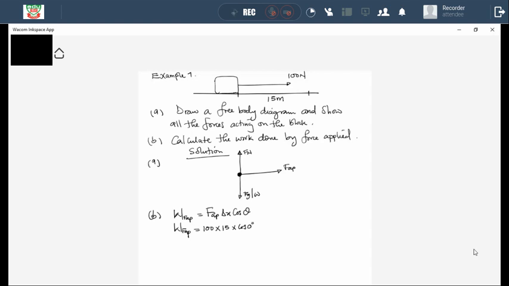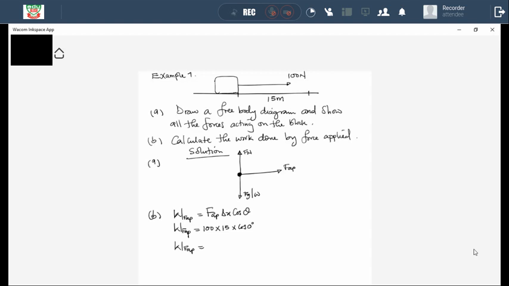So I'm sure cos 0 gives us 1. You can confirm that with your calculator that cos 0 gives you 1 there. So your work done by force applied is going to be 100 multiplied by 15 multiplied by cos 0.